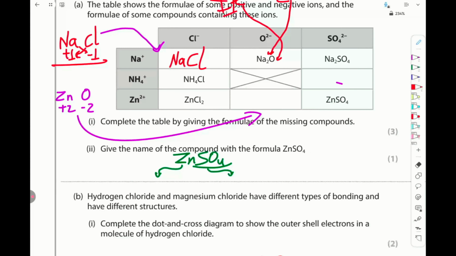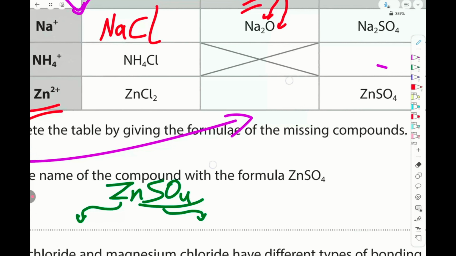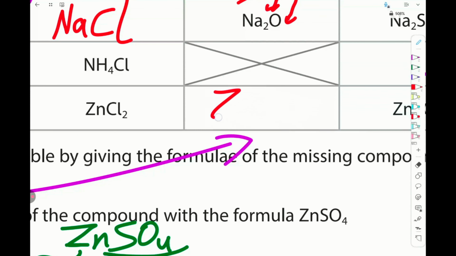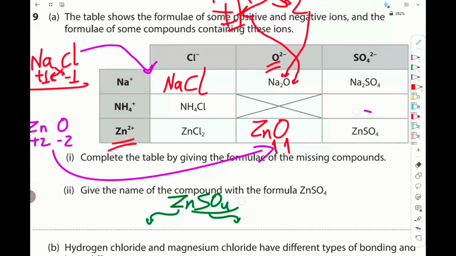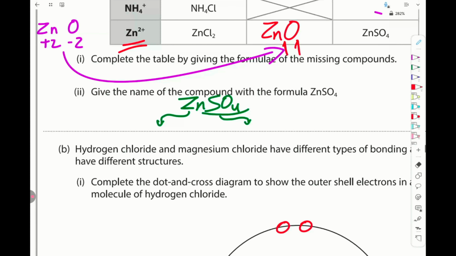Now we take Zn with oxygen. Zn is +2 and oxygen is -2. Again, my friends, when the numbers are equal in the absolute value, we only need to write the Zn. Oh, do we need to write here 2 and 2? No, because we ignore both charges and numbers as long as the numbers are equal.